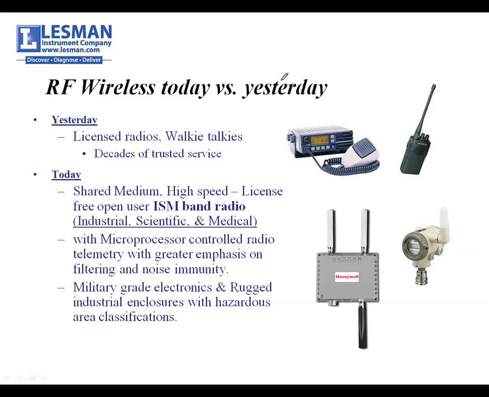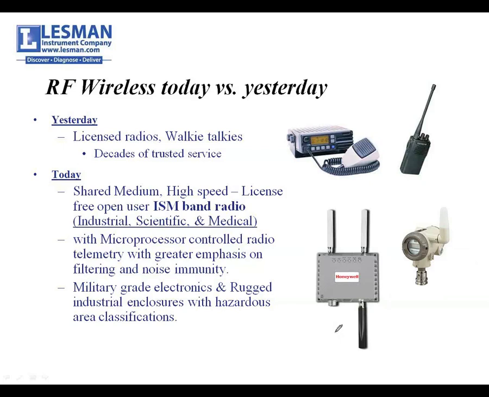So basically what has happened over time is the industrial manufacturers have gotten together, all working on these bands that the government offered. We'll talk a little bit about the bands. And they've taken the old technology and made it much more robust. So we're talking military-grade electronics. We're talking moisture-proof, vibration-proof. As you can see on the lower right-hand side of this picture here, these look like heavy industrial devices that are designed to live in hazardous environments.